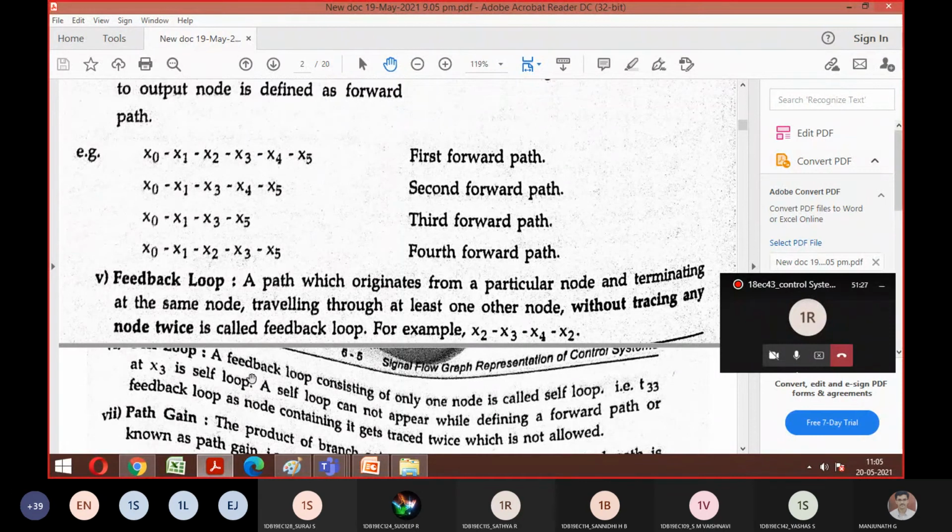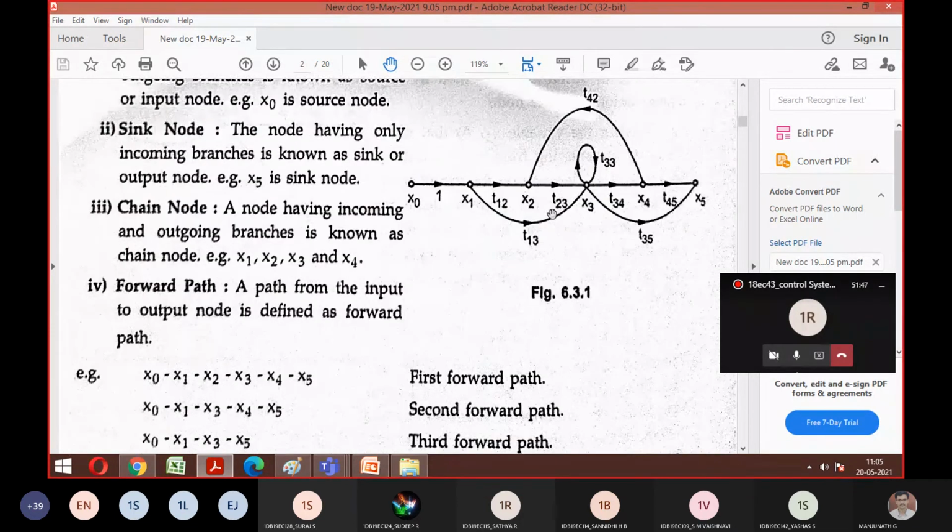Look at the statement and tell me. A feedback loop consisting of only one node is called a self loop. I'll repeat. A feedback loop consisting of what? Only one node is called a self loop. So you look at this, a feedback loop.